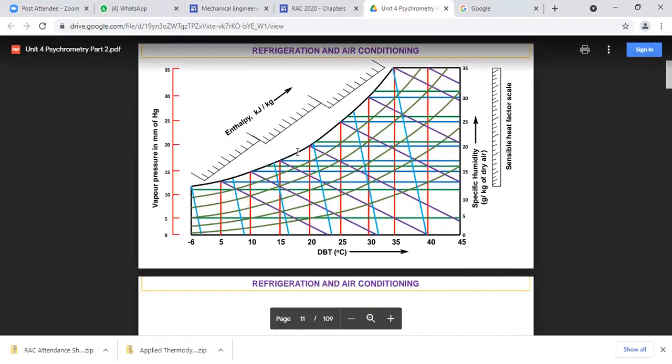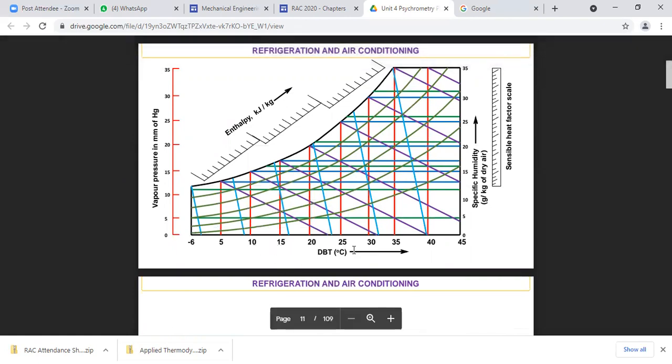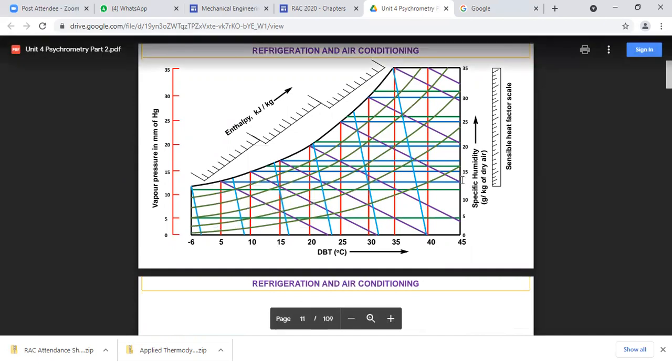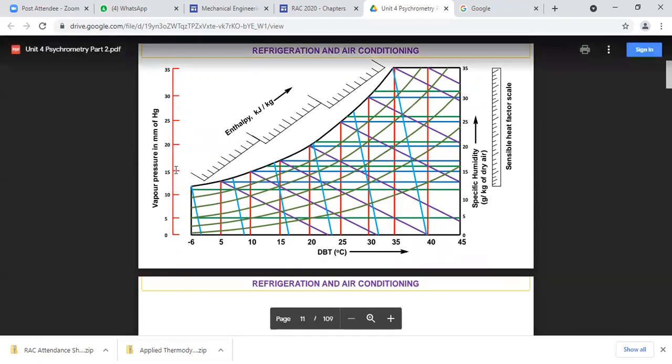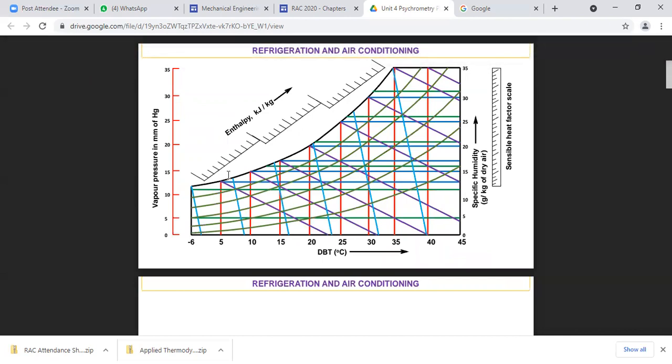So this is the total psychrometric chart. You can observe this is the variable temperature, and specific humidity you can see on the y-axis. Next, here you can see the vapor pressure. This is the total enthalpy we can observe.